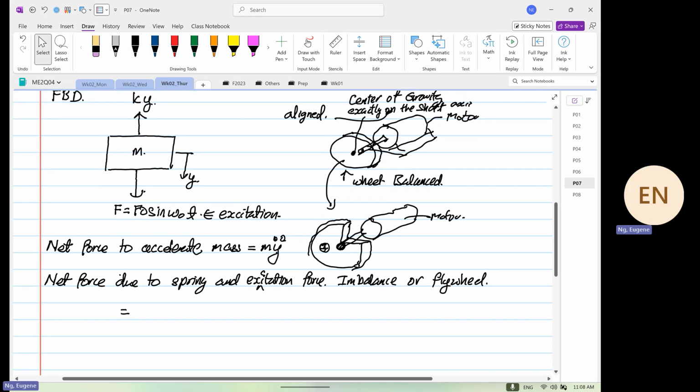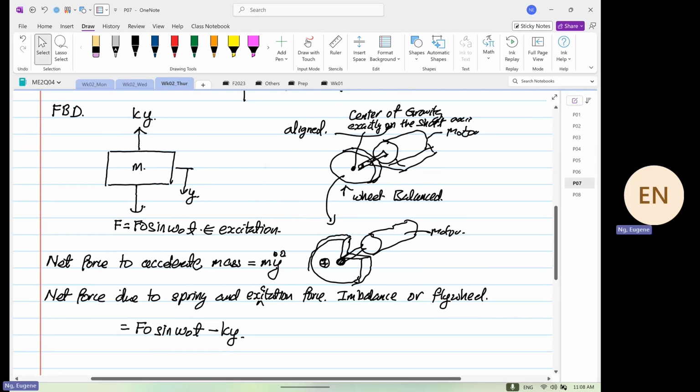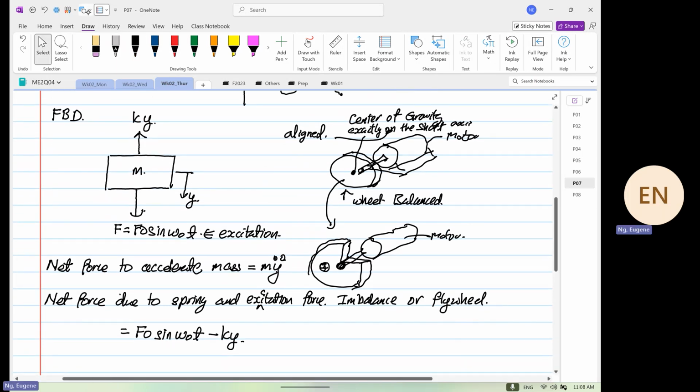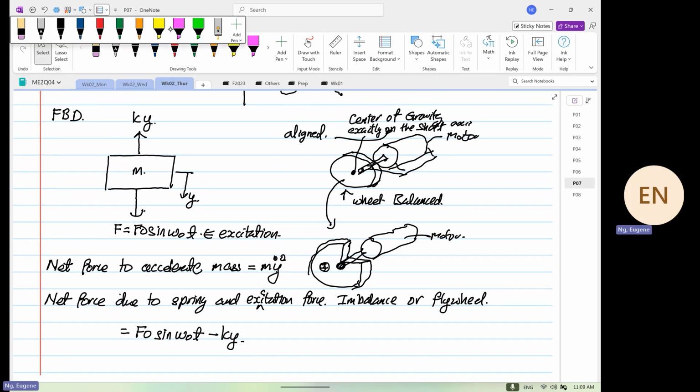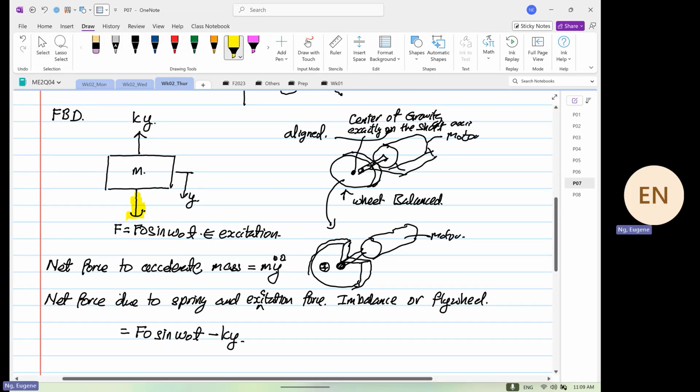This will be equal to F naught sine omega naught t minus Ky. Again, why F naught sine omega naught t is positive: if you look at this arrow here and we declare y is positive, that's the only reason, okay?